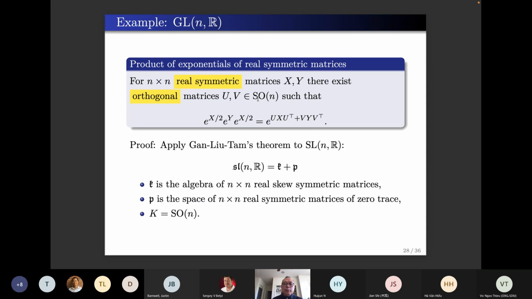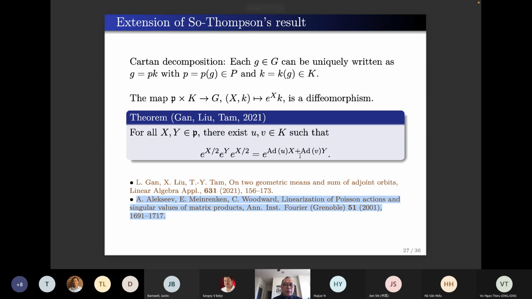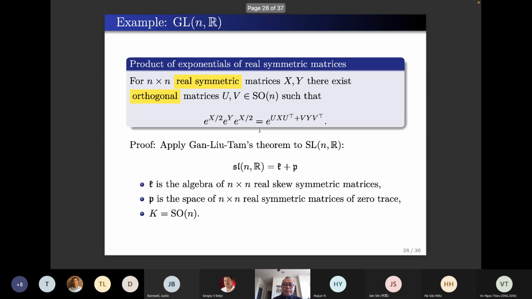Then you may say, can we use On? Sure, because On is bigger than SOn, but anyway, you can find SOn to do it. What you can do is to apply our result to SLnR, and then you get the so-called Cartan decomposition, and then apply the result here, and then you get that.